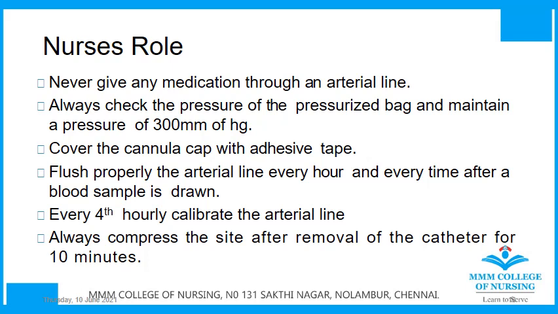Let's see what is the nurse's role. Never give any medication through an arterial line, as it goes directly into the artery. Always check the pressure of the pressure bag and maintain a pressure of 300 mm of Hg.